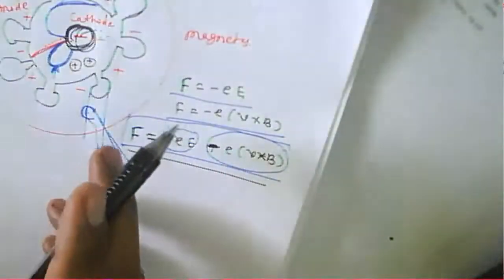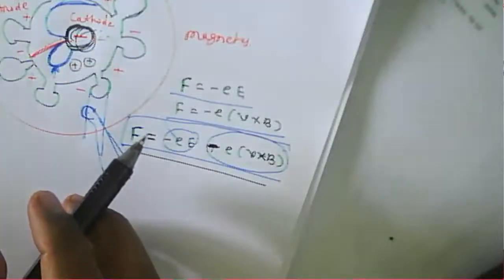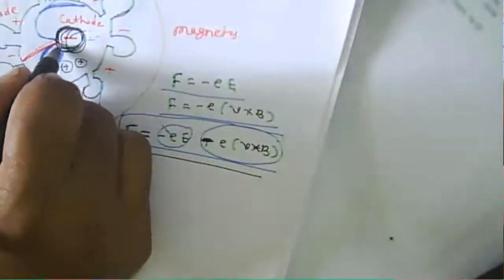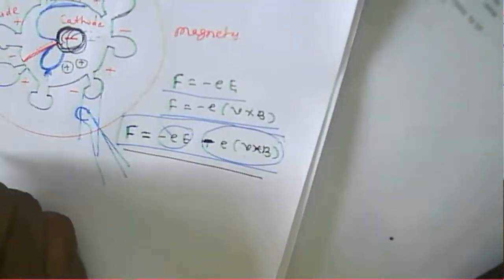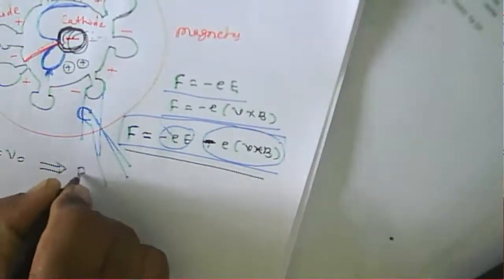Now we consider some particular condition: we apply some voltage to the cathode and anode. If the applied voltage is V equal to V0, in that case your magnetic field will be B0.